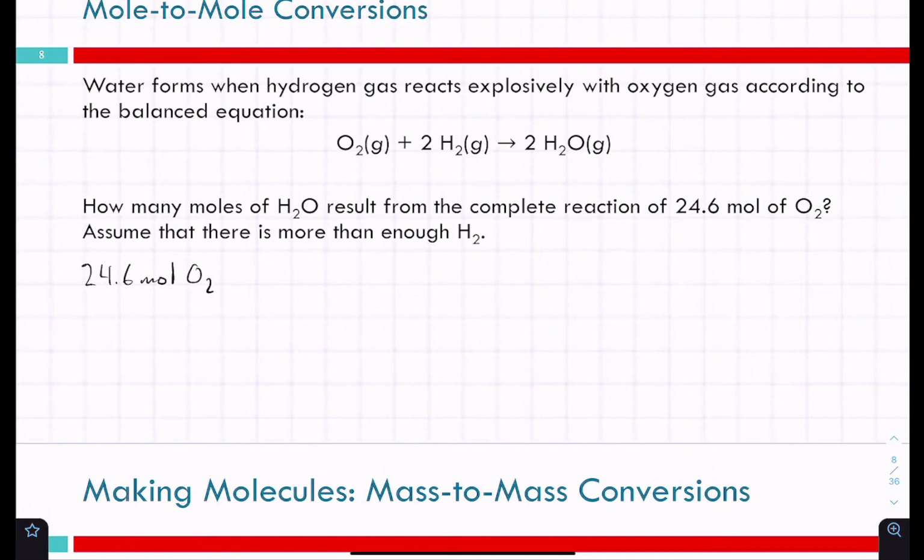And what are we looking for? We're assuming that there's more than enough hydrogen present. So we've got unlimited hydrogen here. So the question is, how many moles of water? So H2O. So we start with our 24.6 moles of O2.